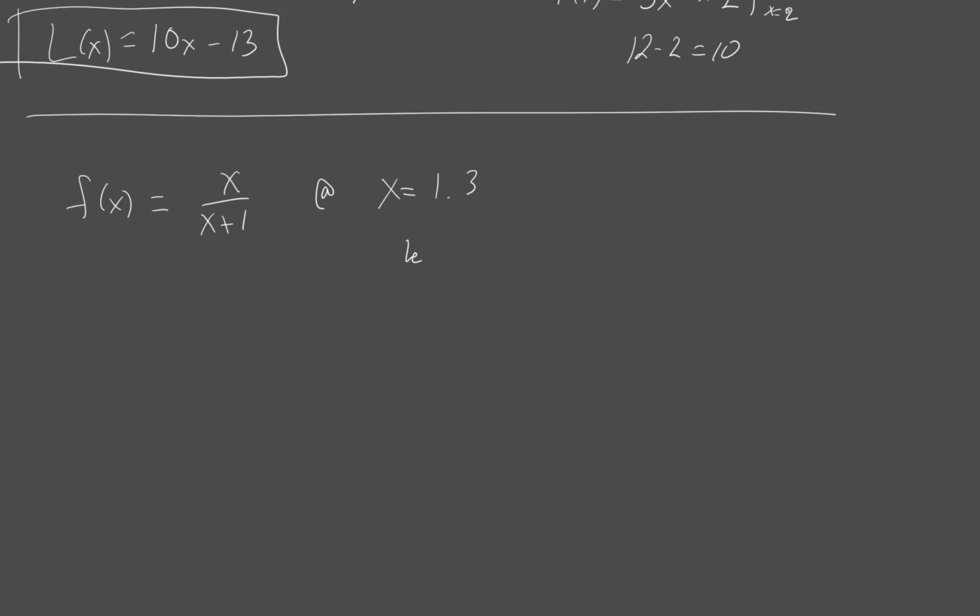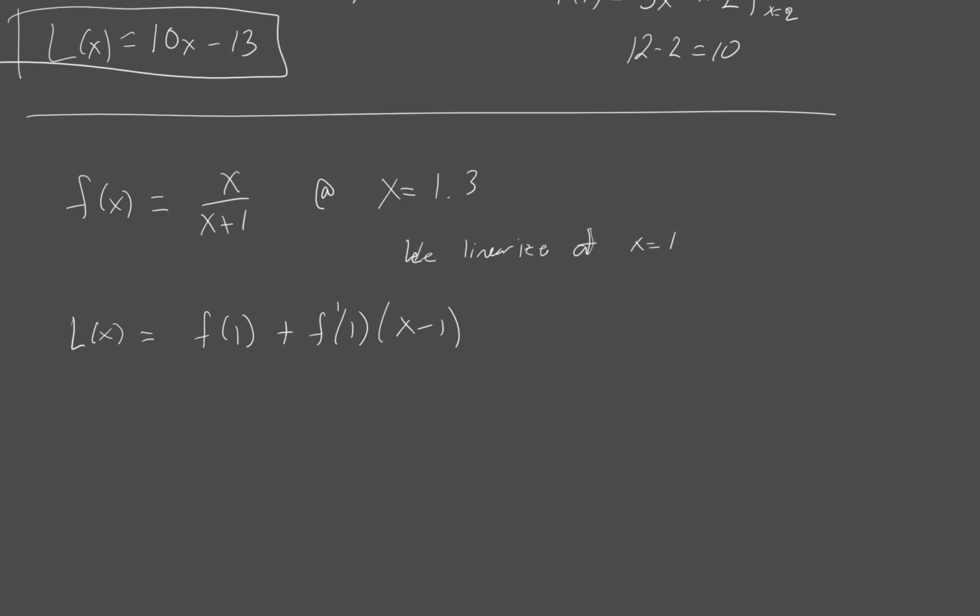So we will linearize at x equals 1, and then use that linear approximation to evaluate at 1.3, giving us an estimate for f of 1.3. Okay, so I've got L of x equals f of 1 plus f prime at 1 times x minus 1.